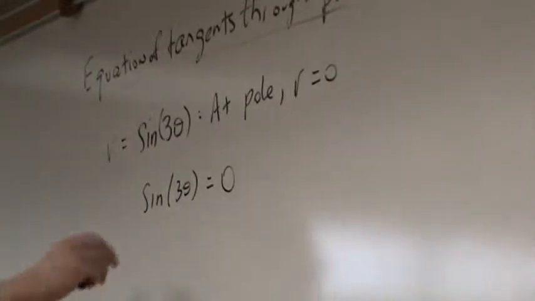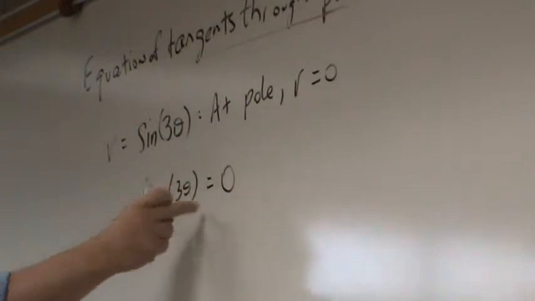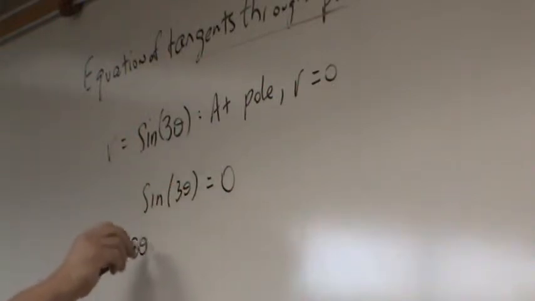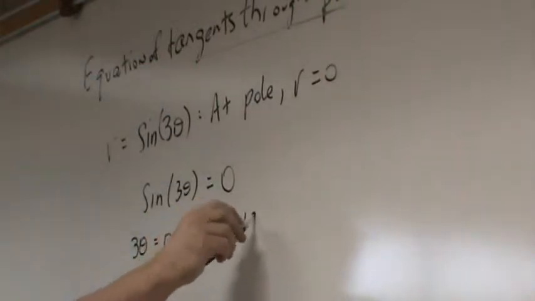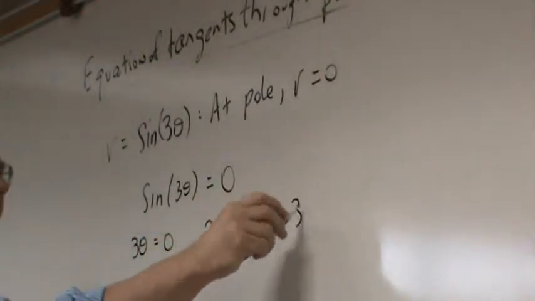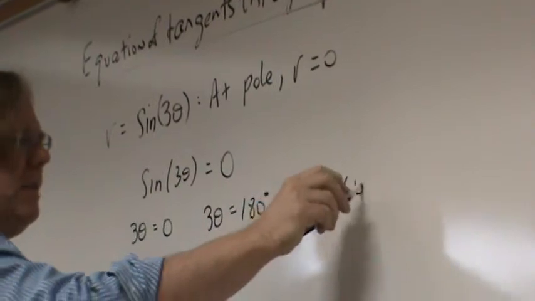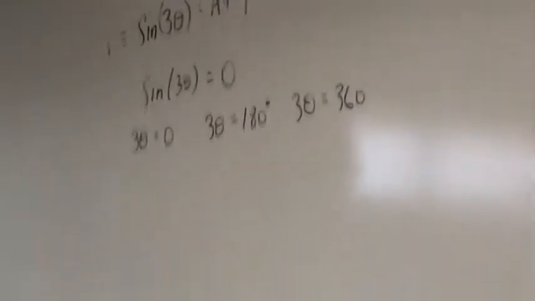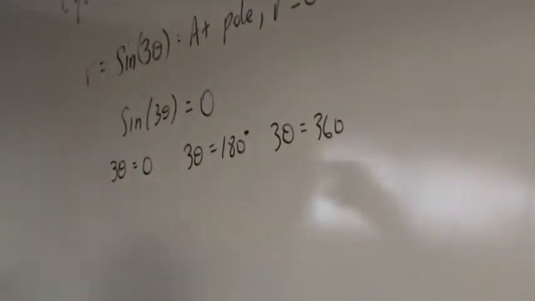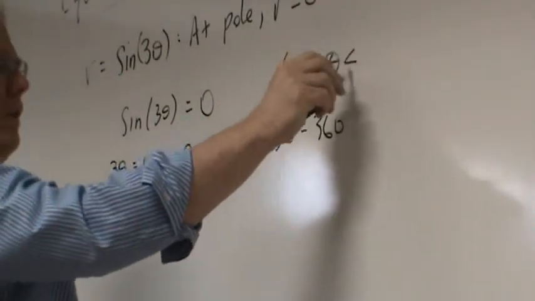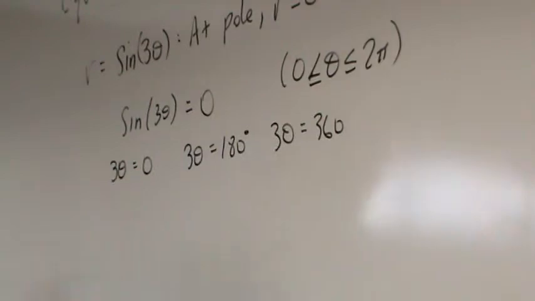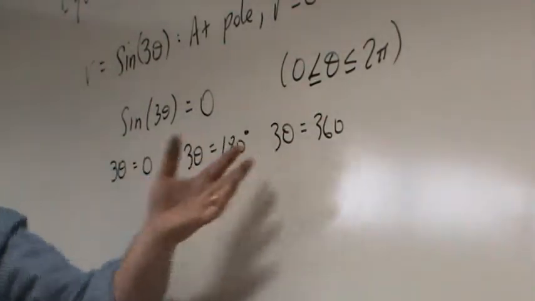Yes. For the sine of whatever to be 0, I need whatever to equal 0, or 180 degrees, or 360 degrees, and I have to keep going. If someone tells me theta is between 0 and 2 pi, then I have to keep going, because right now I'm only at 120.